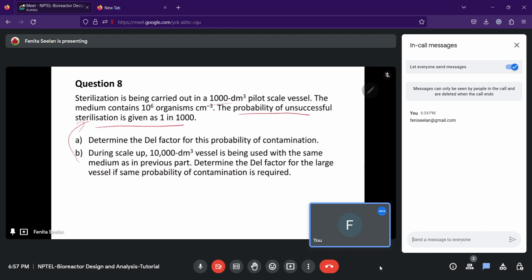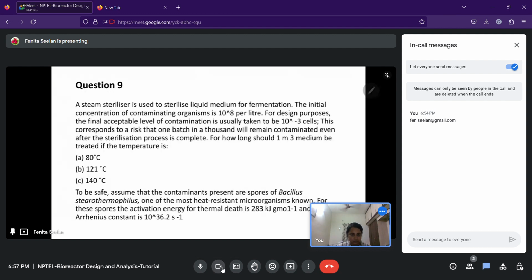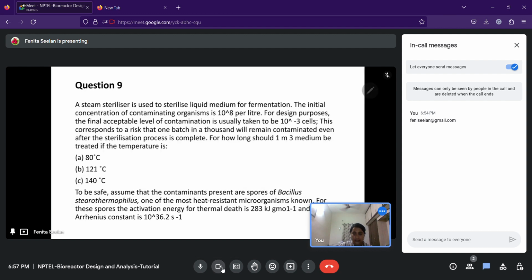So let's start solving question number 9. Let me read the question. A steam sterilizer is used to sterilize the liquid medium for fermentation. The initial concentration of contaminating organisms is 10 power 8 organisms per liter.